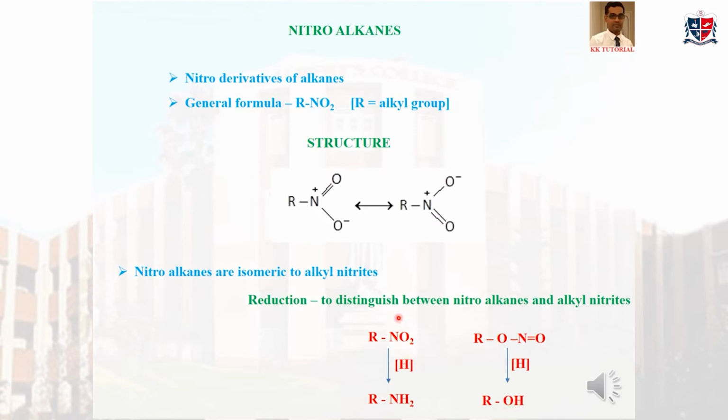See, when hydrogens are added here, since nitrogen is attached to carbon, it should be RNH2. If hydrogen is added here, oxygen is connected to the R group, to carbon here. So the product must be ROH. So nitroalkanes on reduction give amine, while alkyl nitrites on reduction give alcohol.